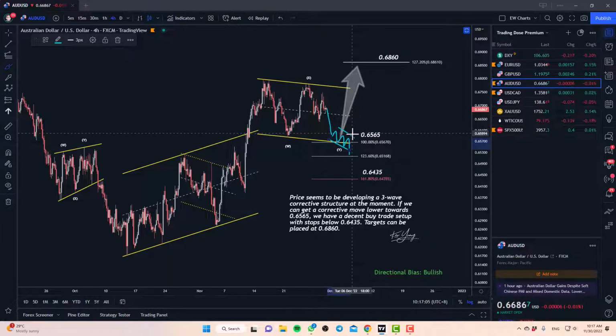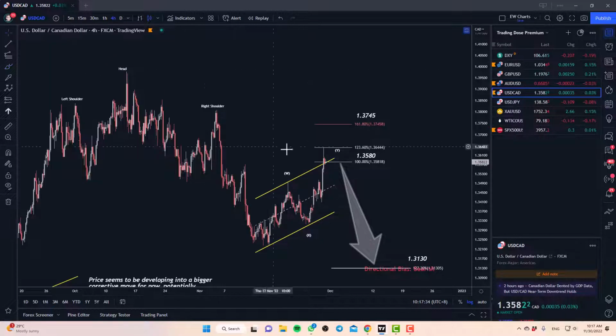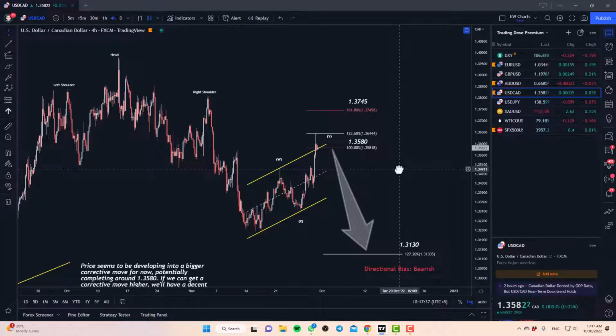If you're more conservative, then my suggestion is just monitor this area, wait for this crawl pattern to form perhaps on the lower time frame, and then from there on you can look for a breakout, and of course with a tighter stop, and that also increases your risk to reward ratio. Alright, so I think Aussie dollar is quite clear. As of now, what I'm seeing, if the market continues to develop in terms of a corrective pattern over here, we have more upside.